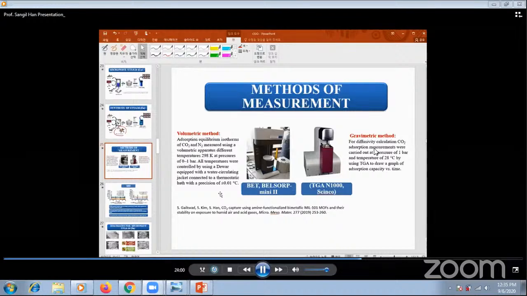To measure the adsorption performance, we use two different systems: one based on the volumetric method using Bell-Solv Mini, and the gravimetric system using the TGA.